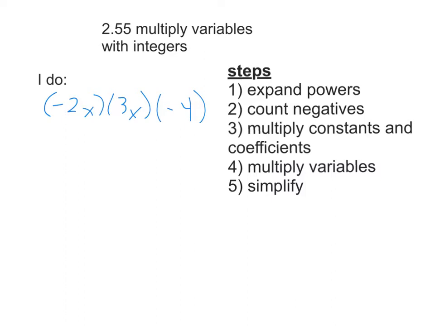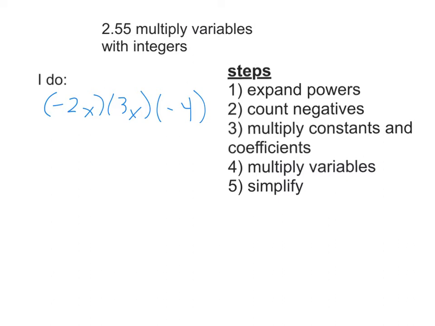So our very first step is to expand any powers. And if you notice, the power of this x is just 1, and the power of this x is 1 also. So expand powers, we actually don't need to do that for this example because there's no other powers besides 1.